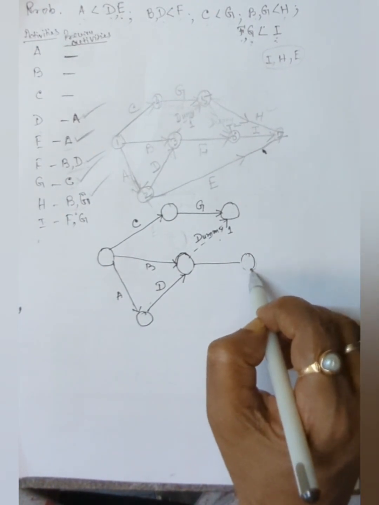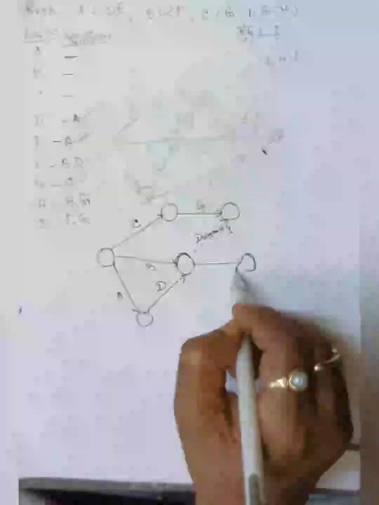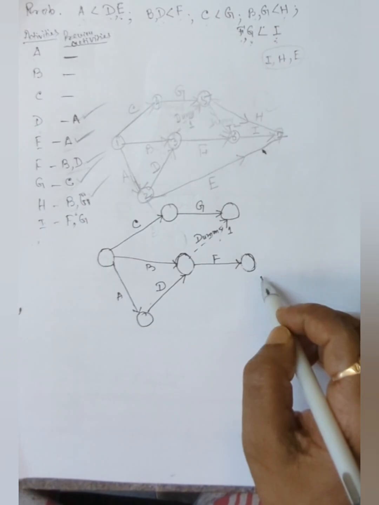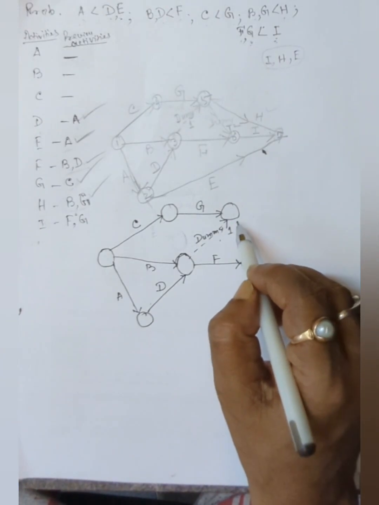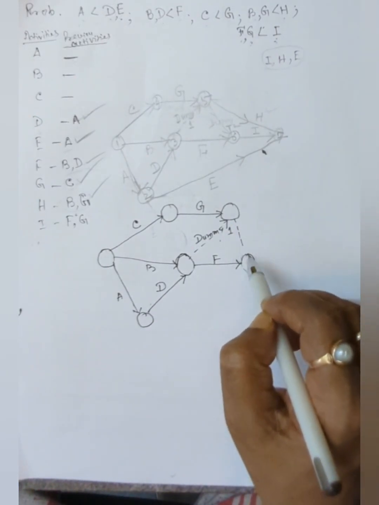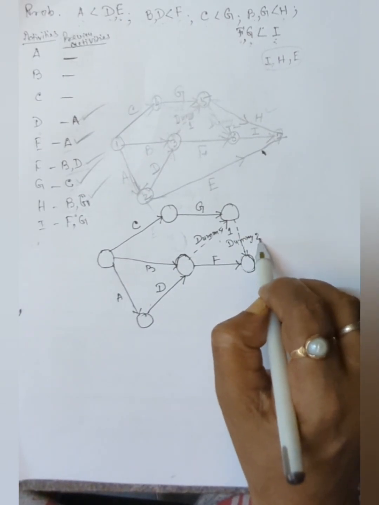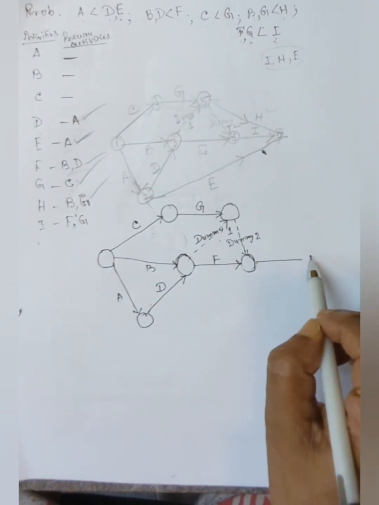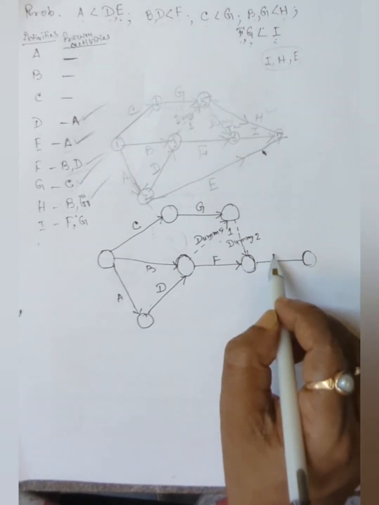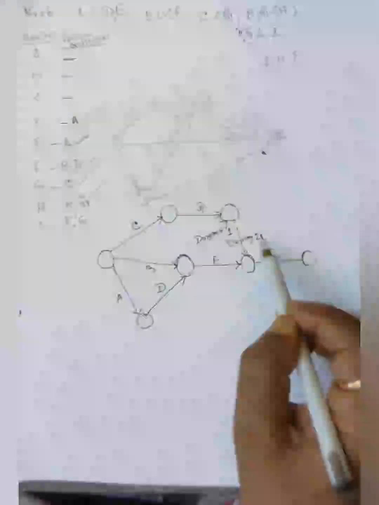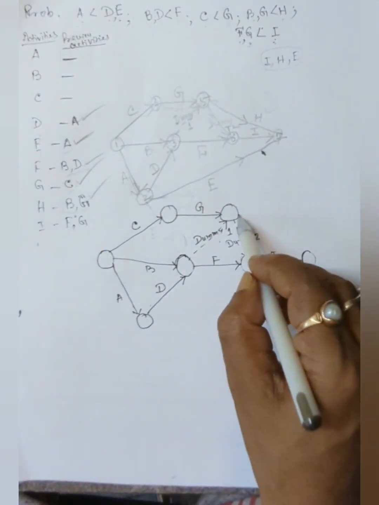Now here is F. Again, to maintain the relationship, another dummy is required. This is dummy 2, and then I will be drawn, and for B and G the successor H is there.